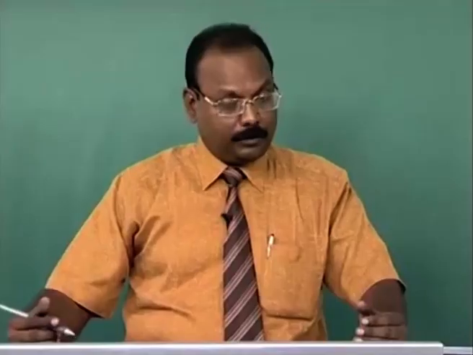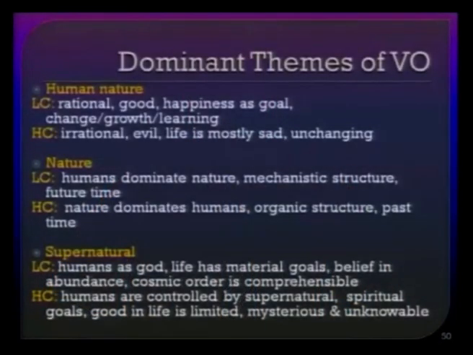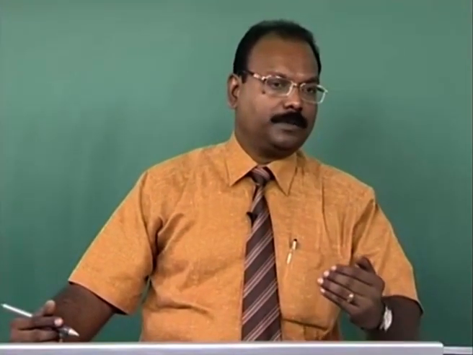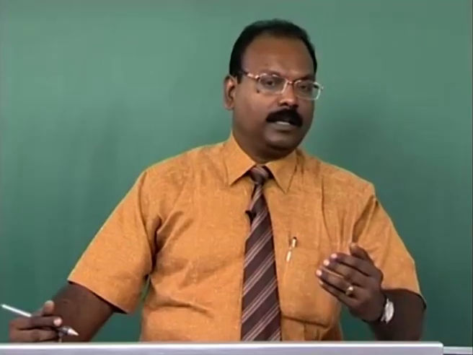Its spiritual goals are the ones which are followed as against the material goals which are followed in the low context culture. So, spiritual goals again would mean that you transcend the material goals. The material ones are necessary to survive at a lower level, but the spiritual ones are the ones which are required for one to integrate with the higher self.